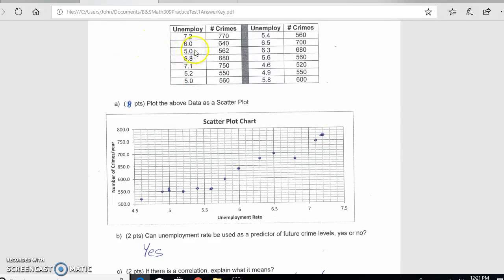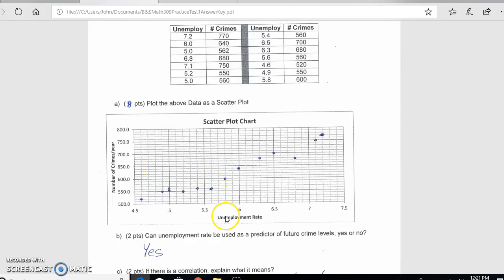The second data point is 6.0, and we would come down to the unemployment rate of 6.0, and then the number of crimes is 640. We would come up until we hit 640 and plot that point right there. That's about 640 right there.